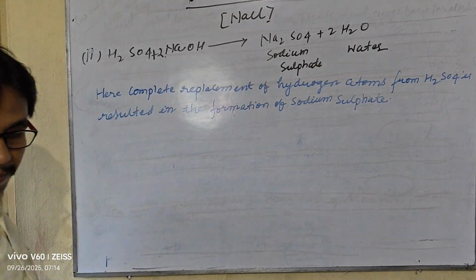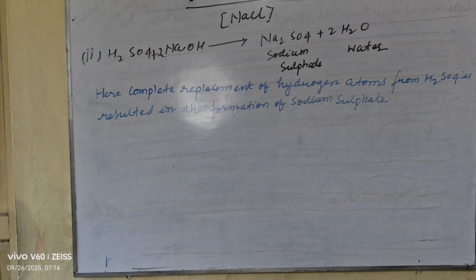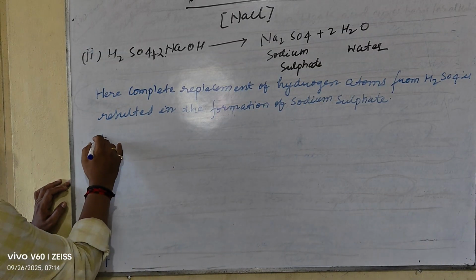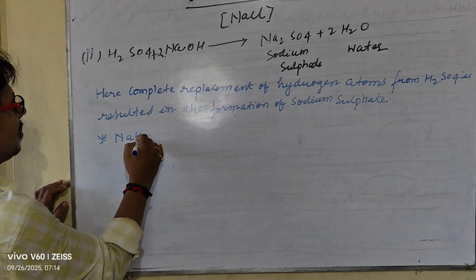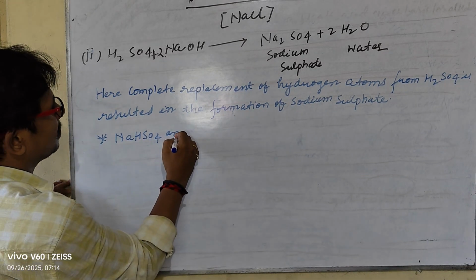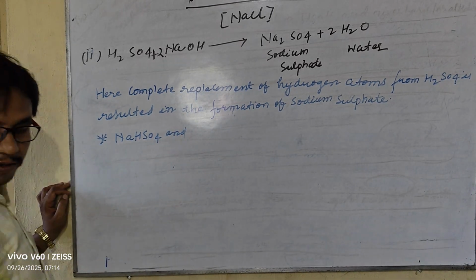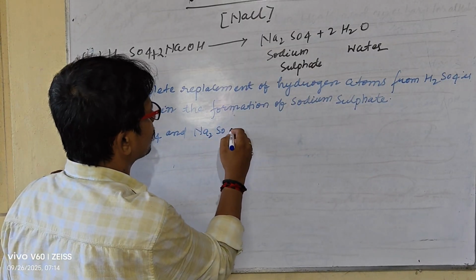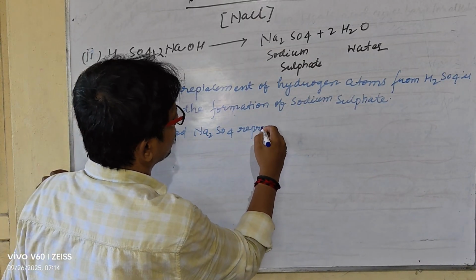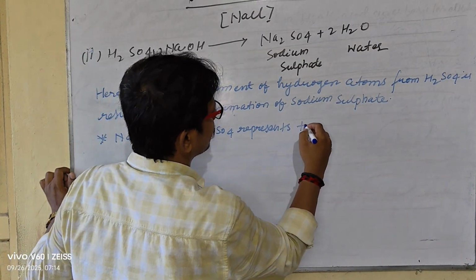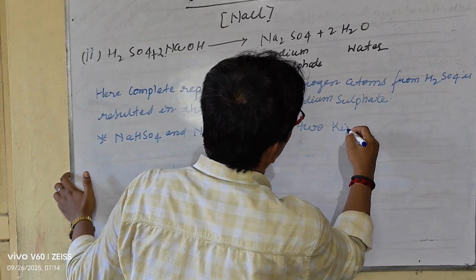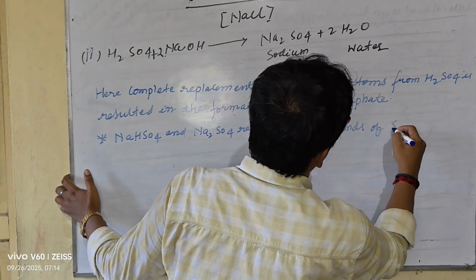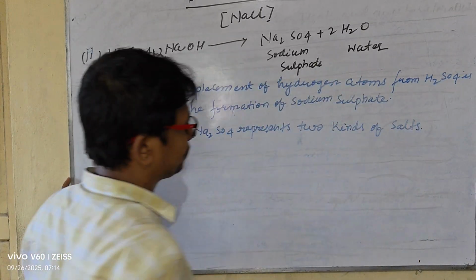So NaHSO4 and Na2SO4 represent two kinds of salts.